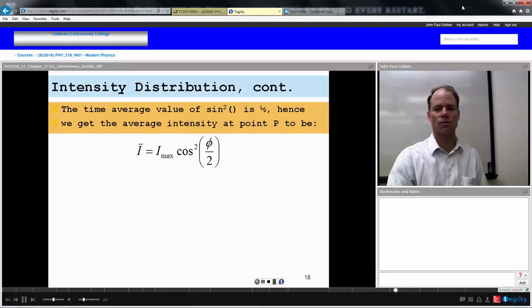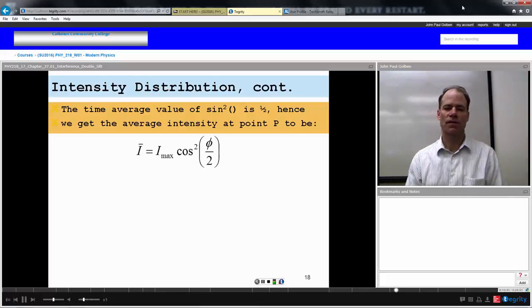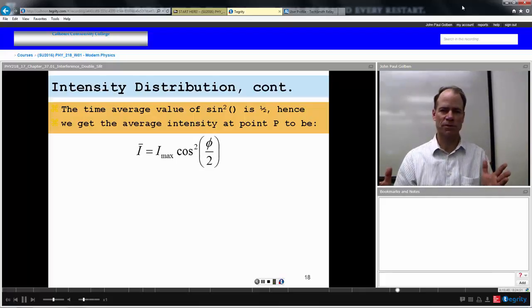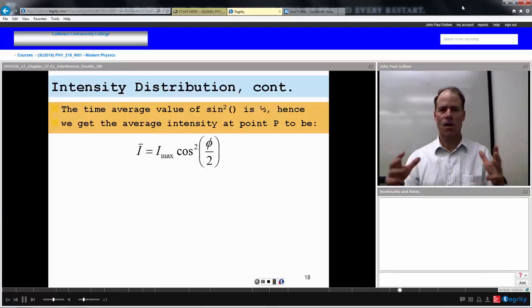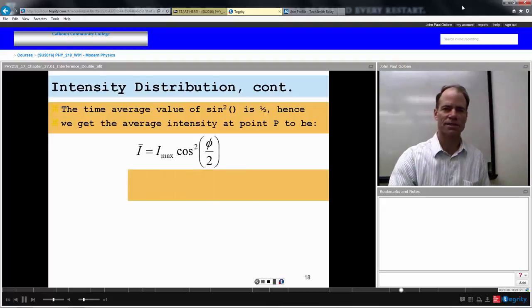So we would get then that the average intensity would be equal to some maximum intensity cosine squared phi over 2, where the 1/2 and all the other constants are all encompassed into this one constant, I max.